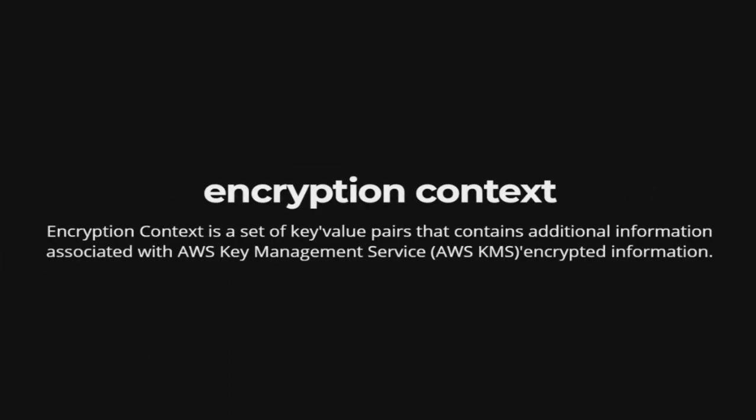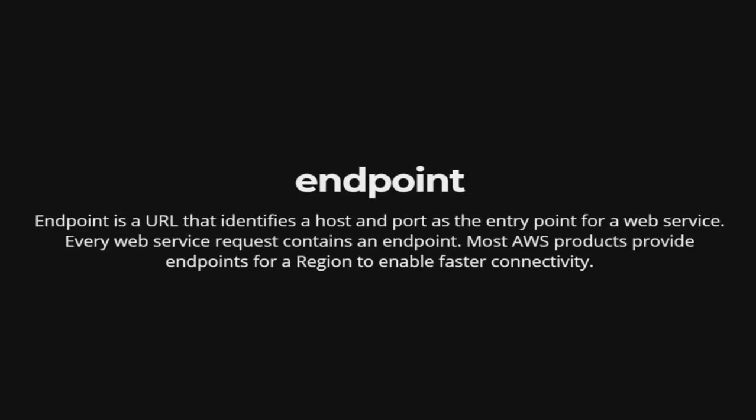Encryption context is a set of key-value pairs that contains additional information associated with AWS Key Management Service, AWS KMS, encrypted information. Endpoint. Endpoint is a URL that identifies a host and port as the entry point for a web service. Every web service request contains an endpoint. Most AWS products provide endpoints for a region to enable faster connectivity.